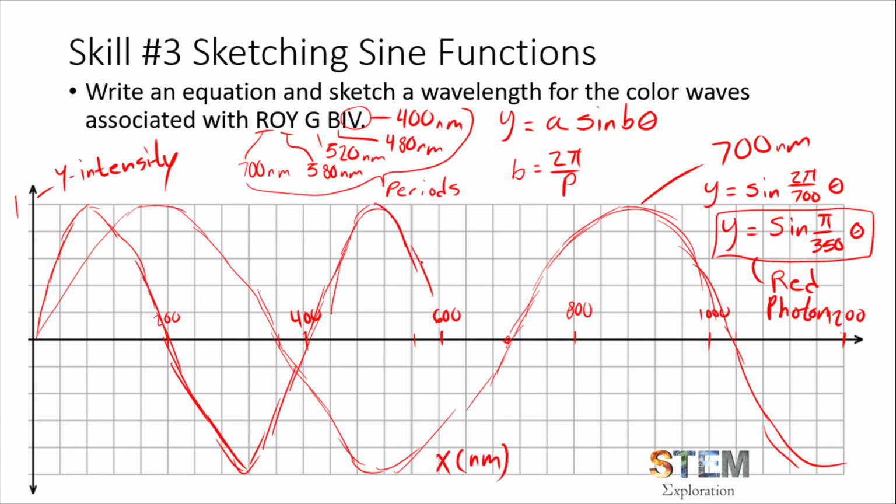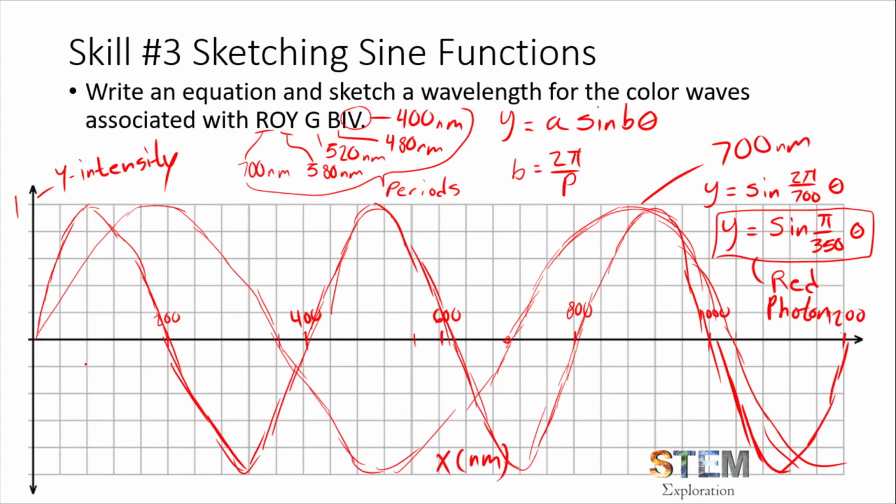And so this is why indigo violet light is a lot more intense radiation, because you're getting way more wavelengths for every 0 to 2 pi region here. So this is more intense radiation than red light.